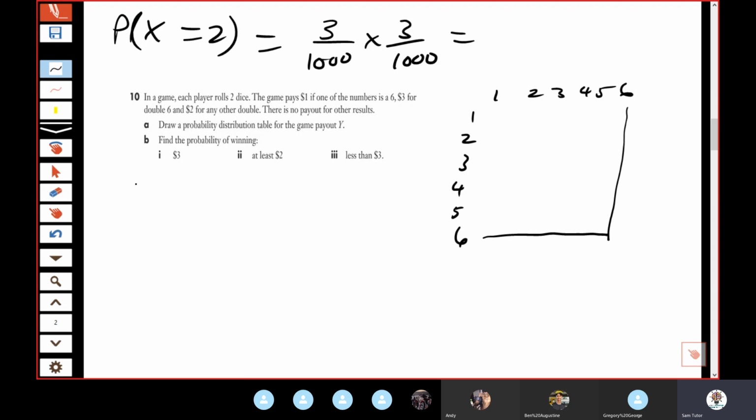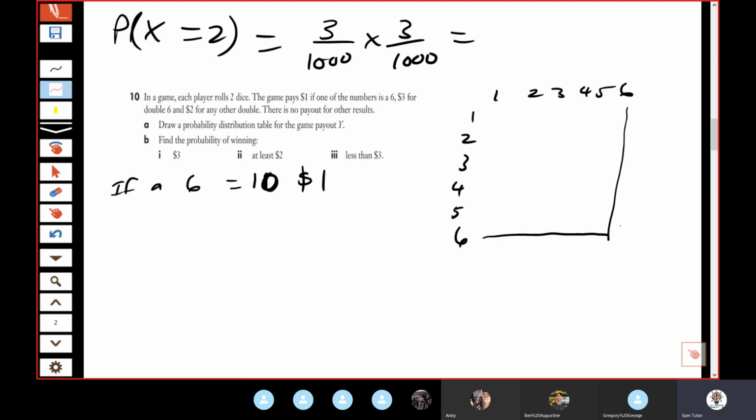So if a 6, I'm just going to write "if a 6" for now, so you can understand how many of them there are. Sorry, no, I added 6 and 6. 10 ways, right? Just 1 and 6, 2 and 6, 3 and 6, 4 and 6, 5 and 6.